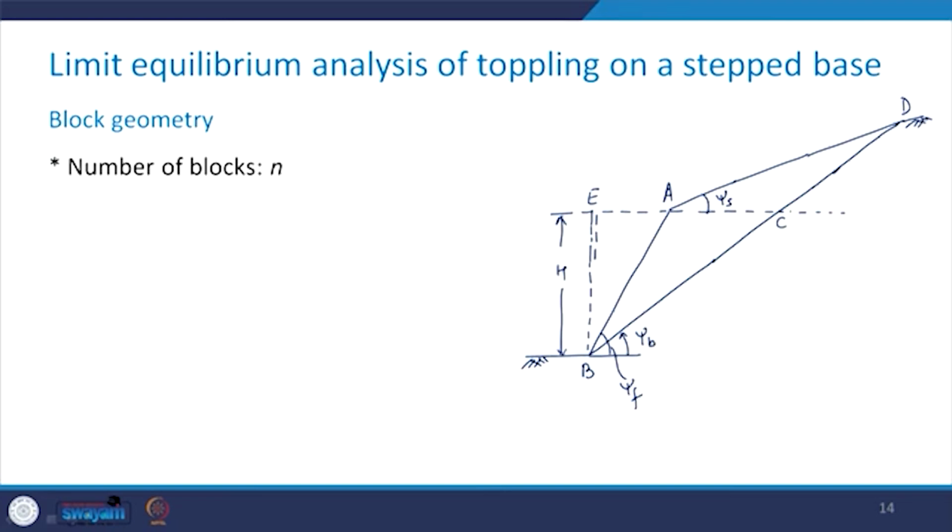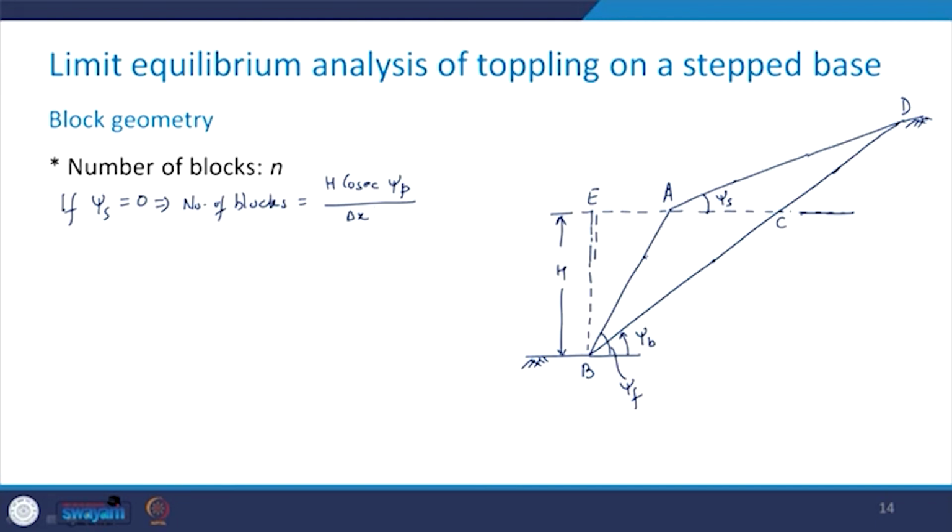Now, just imagine that if your psi s were equal to 0, that means the slope would have been this face and then this horizontal line. Then in this case, the number of blocks would have been H cosec psi p divided by delta x.